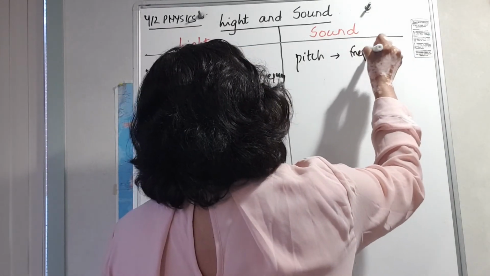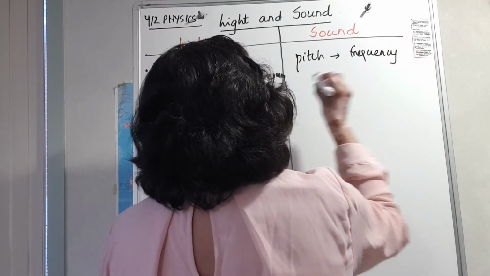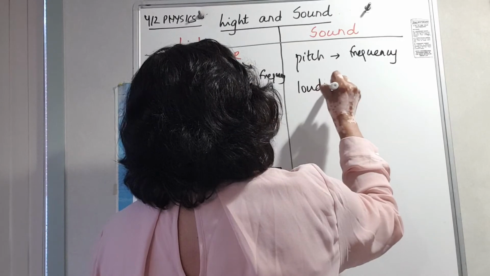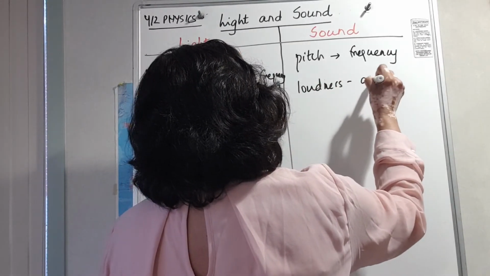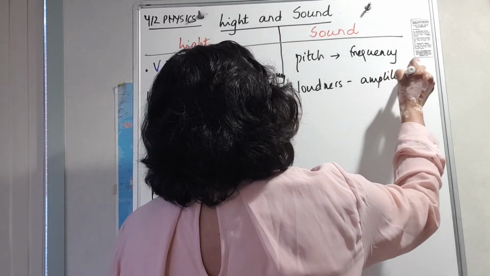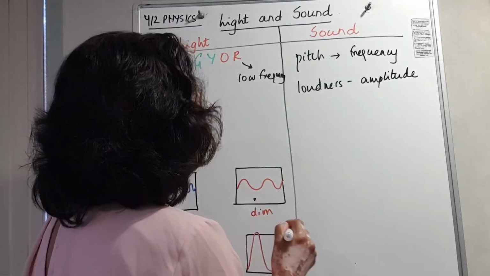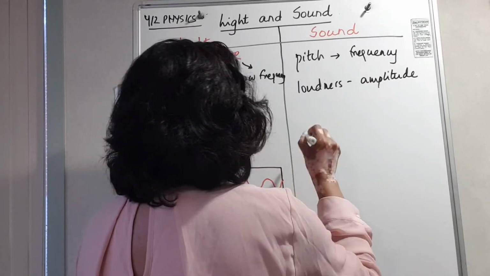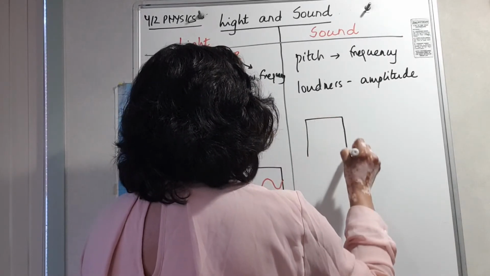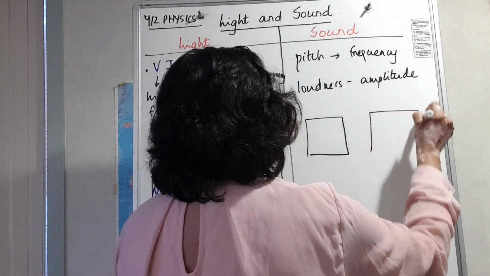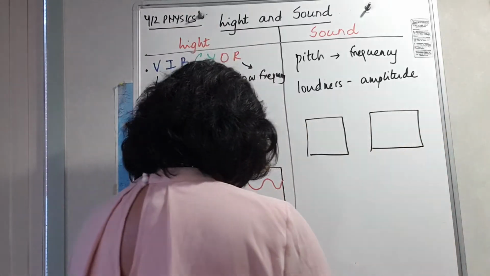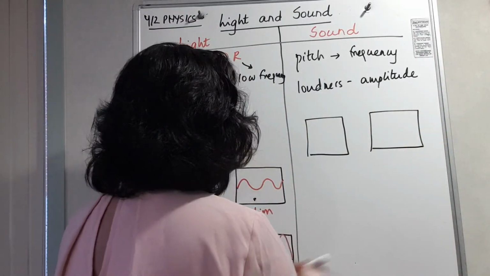The thing to remember about sound is that the pitch of a note depends on frequency and loudness depends on amplitude, because it is an indication of the amount of energy carried by the sound. Similarly, just like we drew for light, you can have a similar diagram for sound.